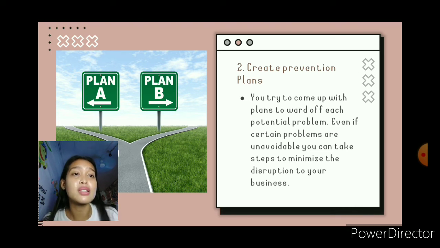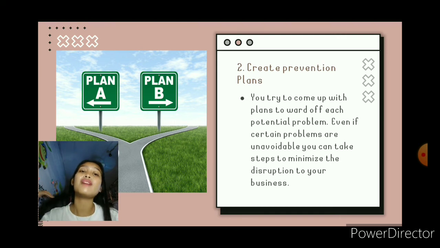For example, if you have a plan A, you need to also have a plan B. If your plan A does not work, try applying the plan B. So this involves creating a plan B. If you are a business owner, you need to have a plan B, so that you will not be surprised if your plan A does not work.